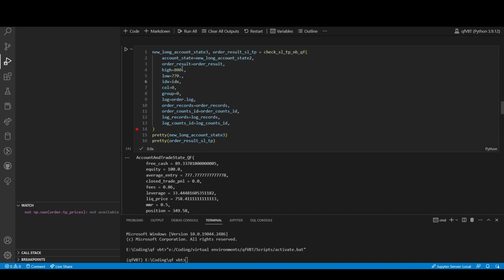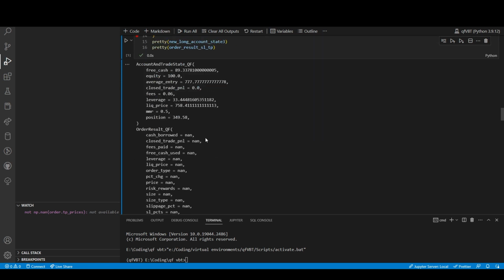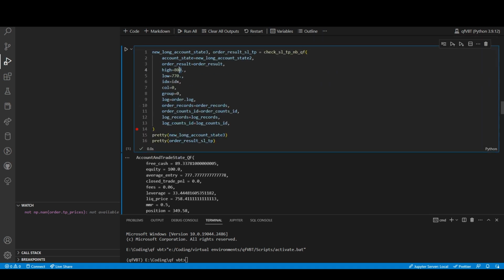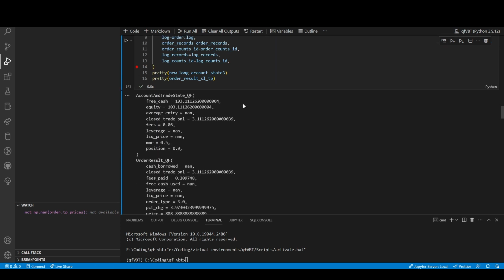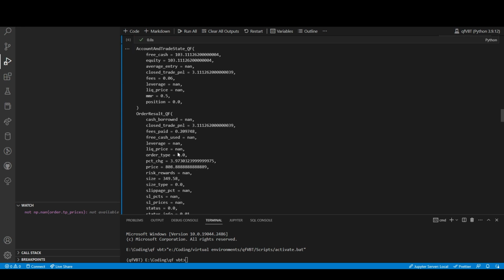All right, we didn't do anything, so let's make this 800. Still didn't do anything. Let's do 850. So we made $3. Fees paid is this. Percent change is almost 4%.